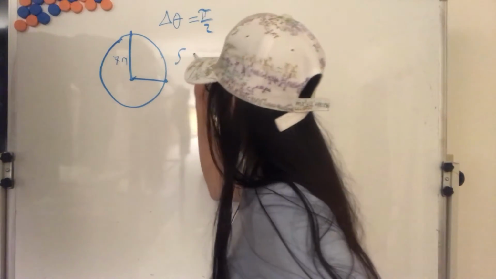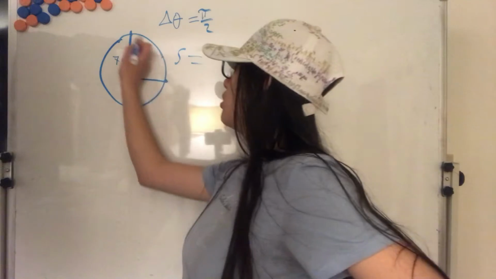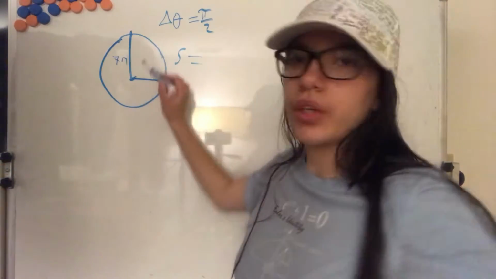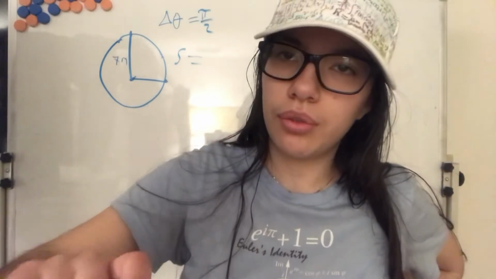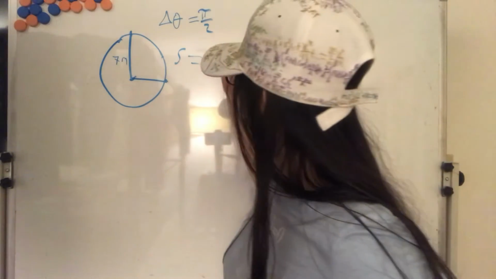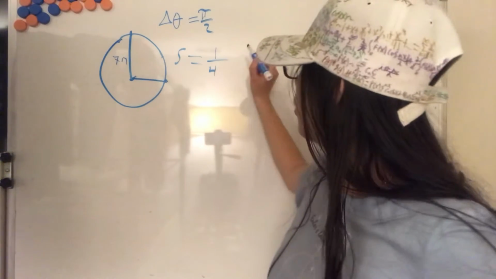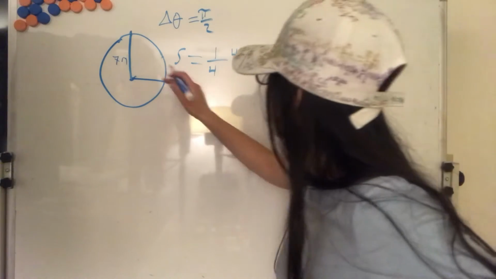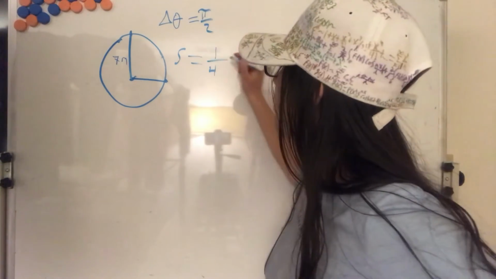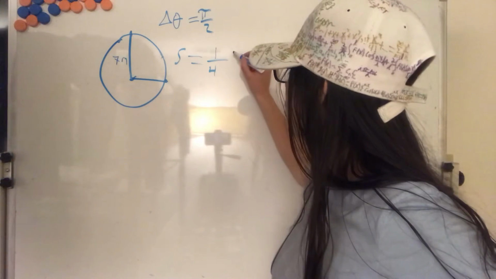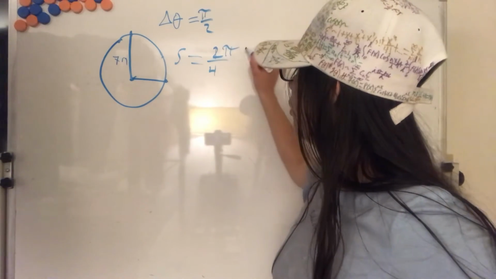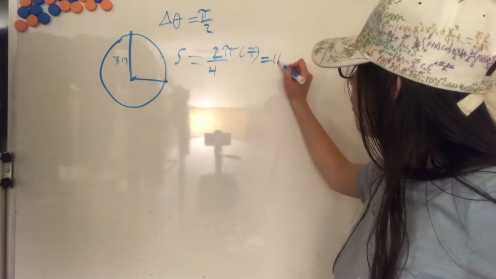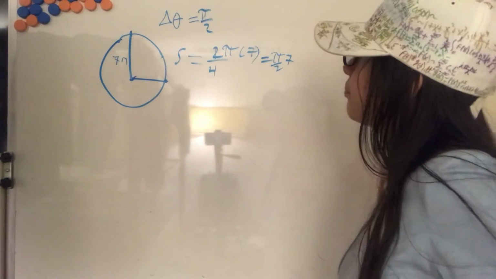The normal or the regular displacement, that is this, is 1/4 of the circumference of the circle. So 1/4 of 2 pi r, that is 2 pi times 7, so this is pi over 2 times 7.